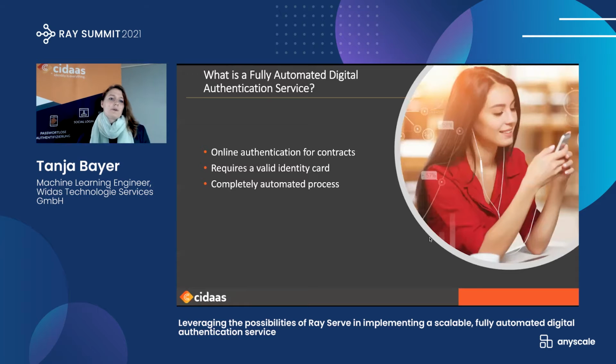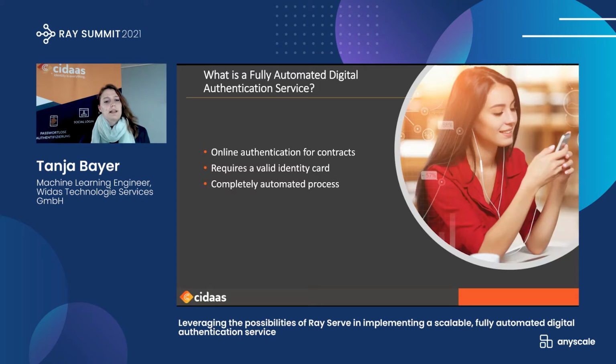So let's start. What's a fully automated digital authentication service? This is a service which you require when you, for example, want to sign an online contract and you need to identify yourself. So, for example, if you want to create a bank account, you need to identify yourself with a valid identity card.